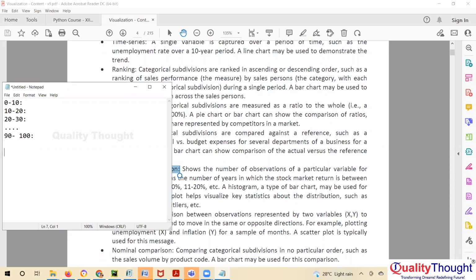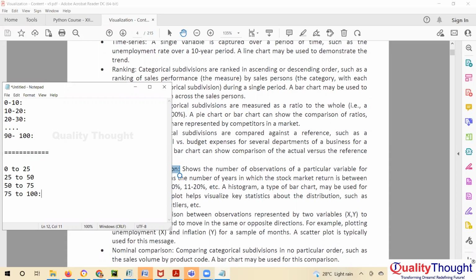Or you can create maybe 0 to 25, 25 to 50, 50 to 75, 75 to 100. Okay. Now you can choose. You can create 0 to 5, 5 to 10, 10 to 15. Up to you. Few things have to be kept in mind.